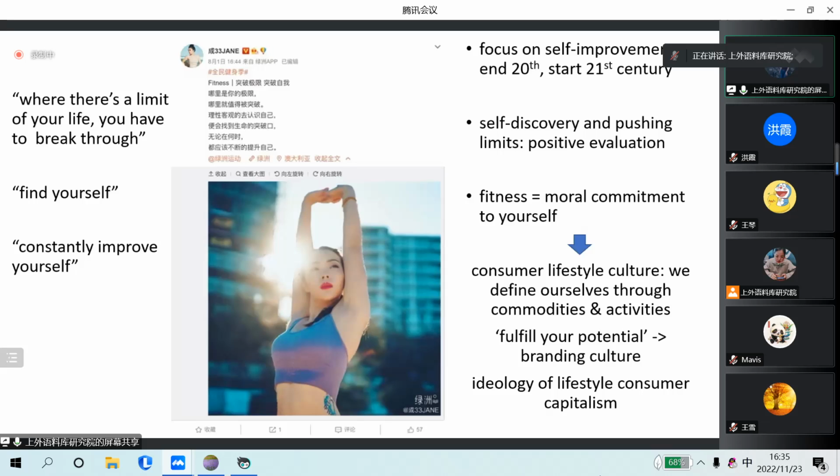So fitness here becomes like having a moral commitment to yourself. If you don't push your limits, then so what, is very positive evaluation here. So what we are seeing here is consumer lifestyle culture, where we define ourselves through commodities and activities.